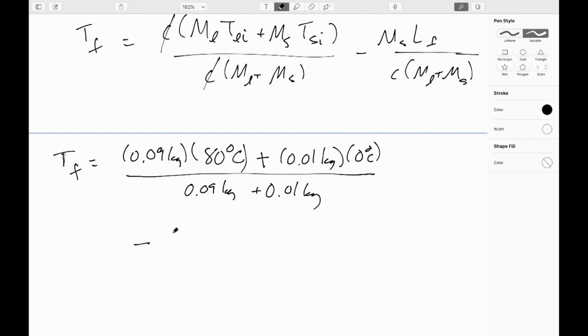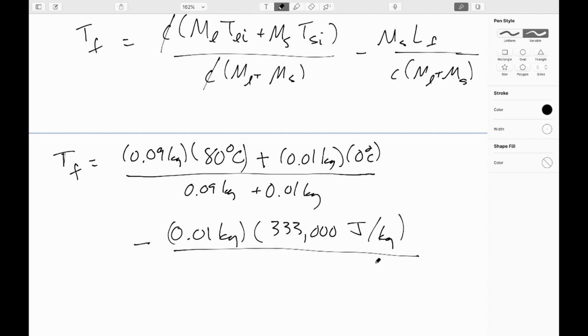Now, to all of that, we've got this term over here. We'll have to subtract the mass of the solid, 0.01 kilograms, times the latent heat of fusion for water, which is 333,000 joules per kilogram.